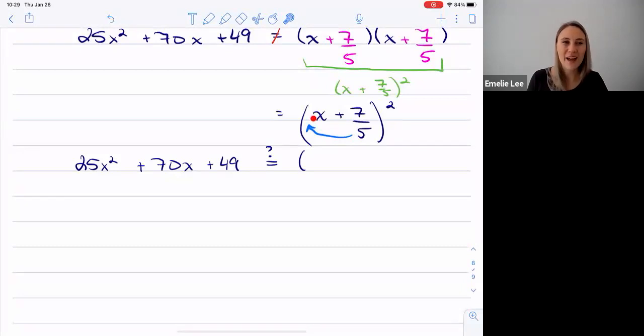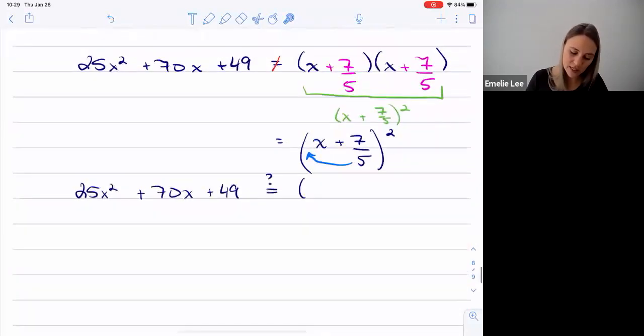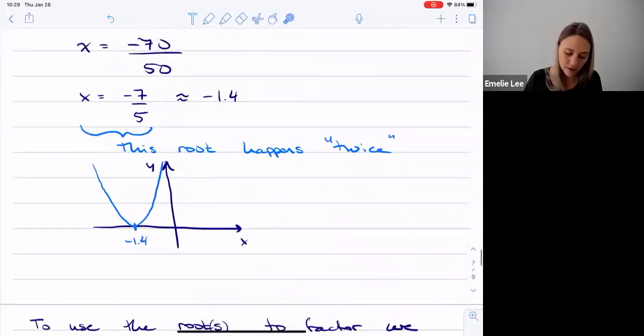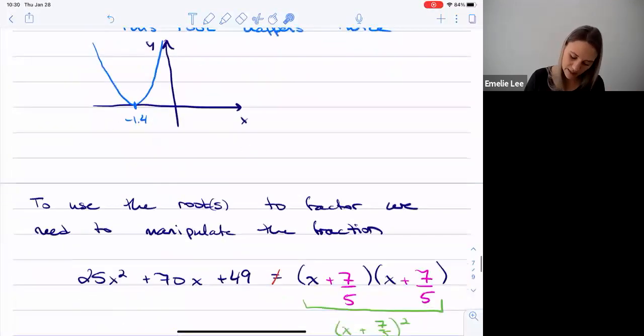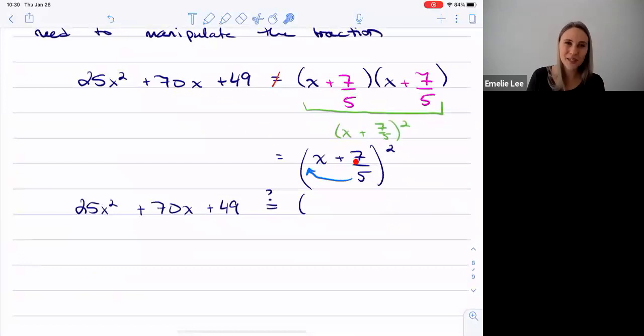You could do it at this stage, or if you prefer, bring the 5x over here. What we're saying is that this thing's going to be 0 when 5x is equal to -7. So then we have 5x plus 7. When 5x is equal to -7, -7 plus 7 makes 0.